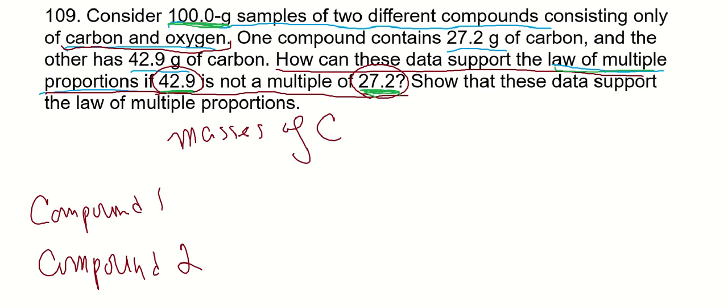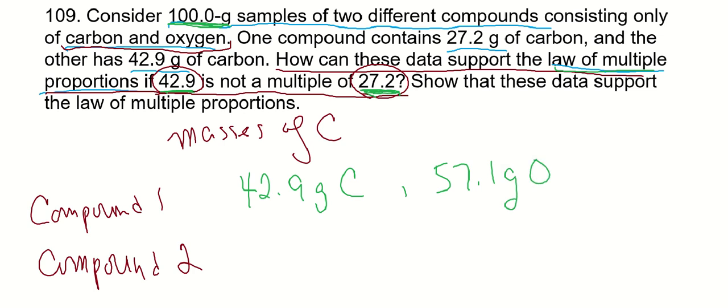All right, so if compound 1, let's say, has 42.9 grams of carbon, then the amount of oxygen must be 100 minus that, because those are the only two elements in this compound. 100 minus that is just 57.1 grams of oxygen.